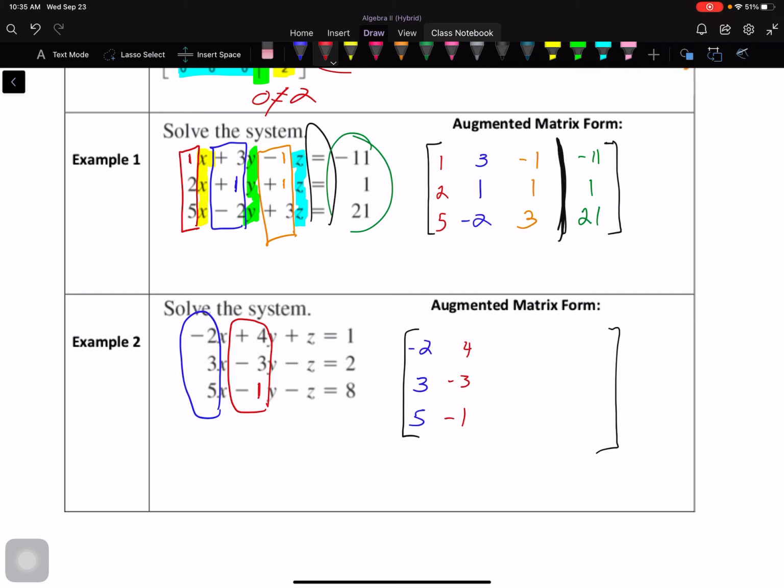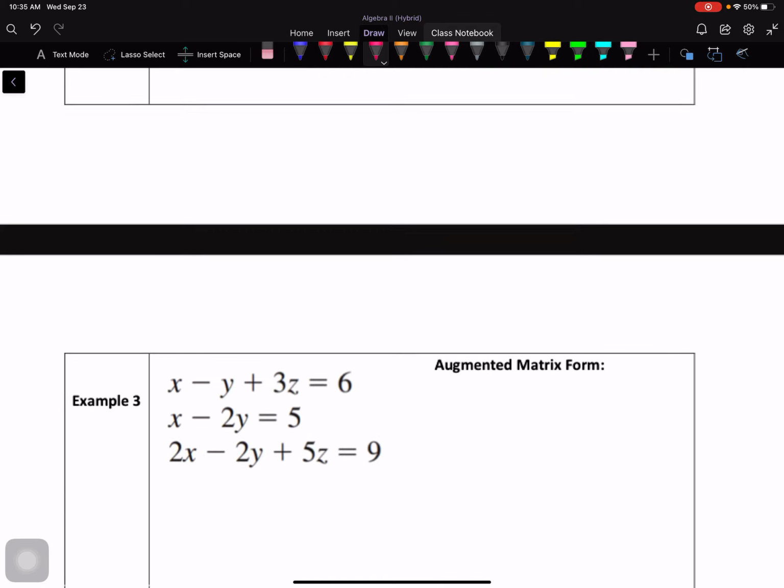Again, that's technically just 1 right there. And then we have the z coefficients, which are going to be 1, negative 1, negative 1. There's my bar there to represent the equal sign. To the right of that, we will have 1, 2, 8, and then from there, it is all calculator work.